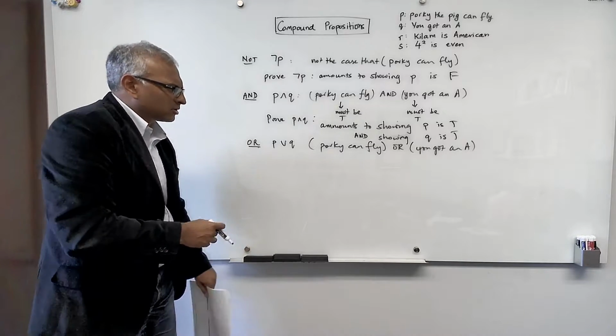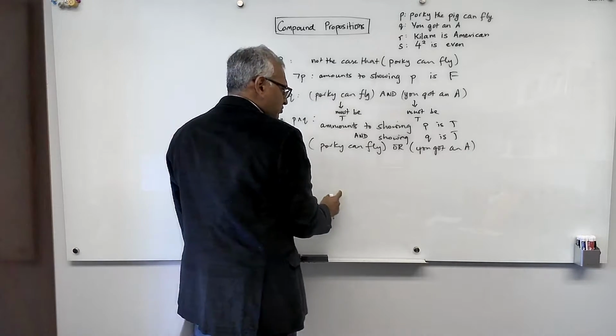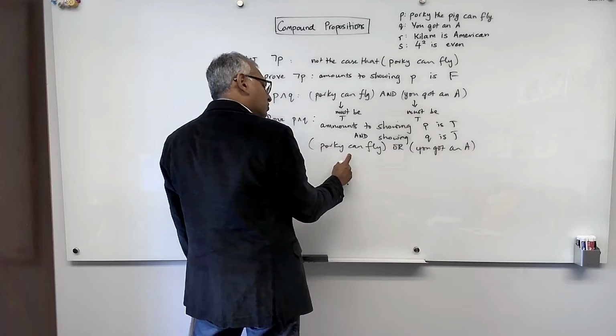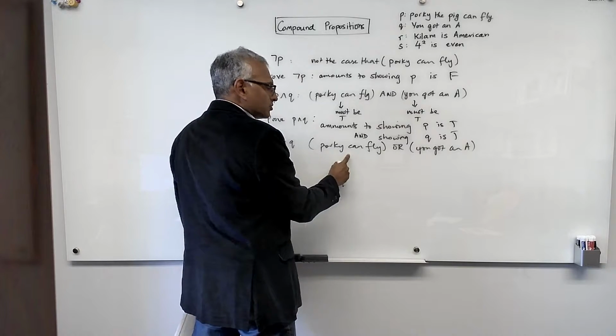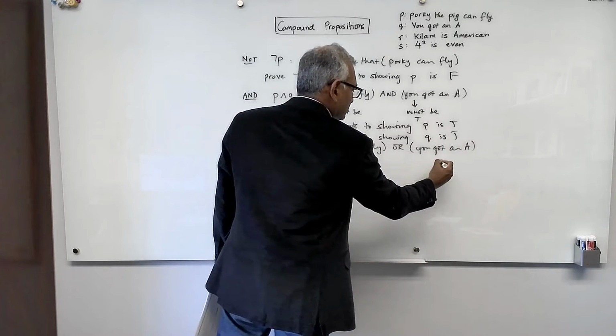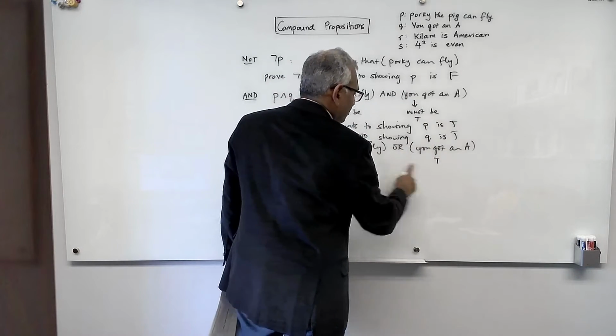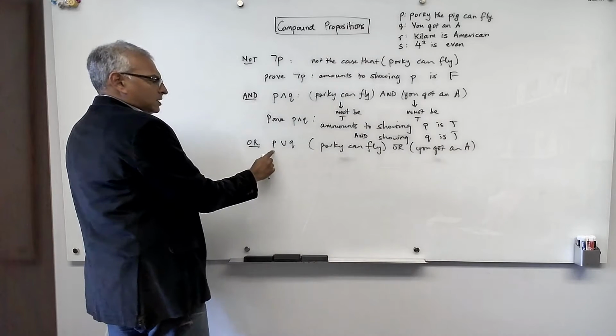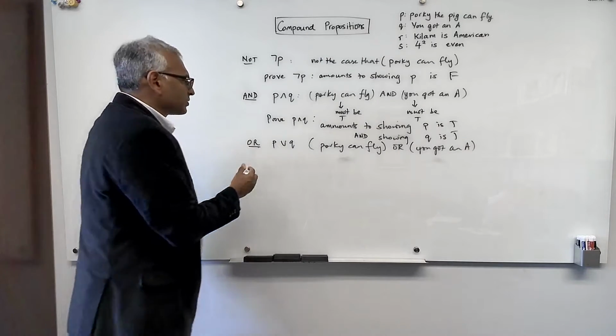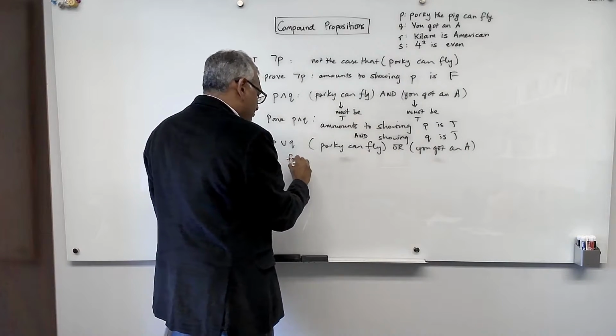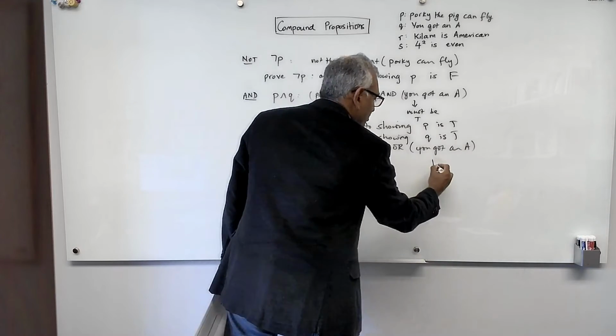In math, we talk about the inclusive or. So the or will be true if either Porky the pig can fly is true. So if this is true, or if both are true. Okay. So it's easier to think about the situation where the or is false. The only case where the or is false is if both are false.